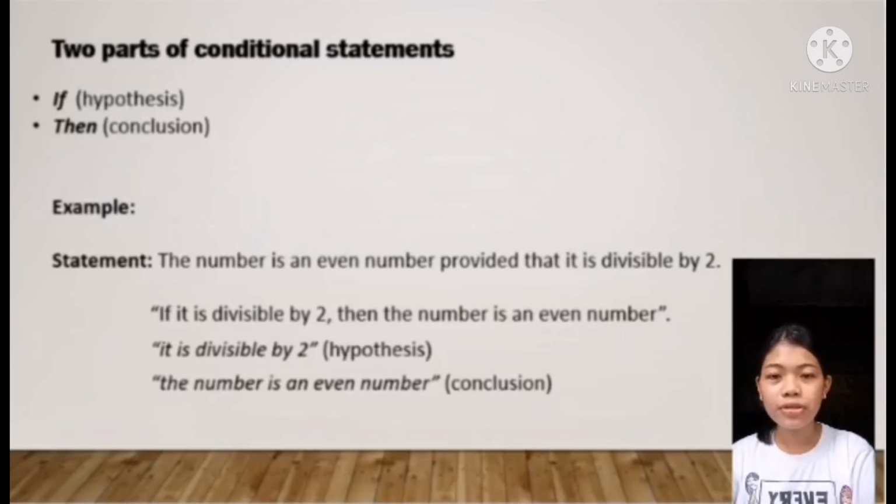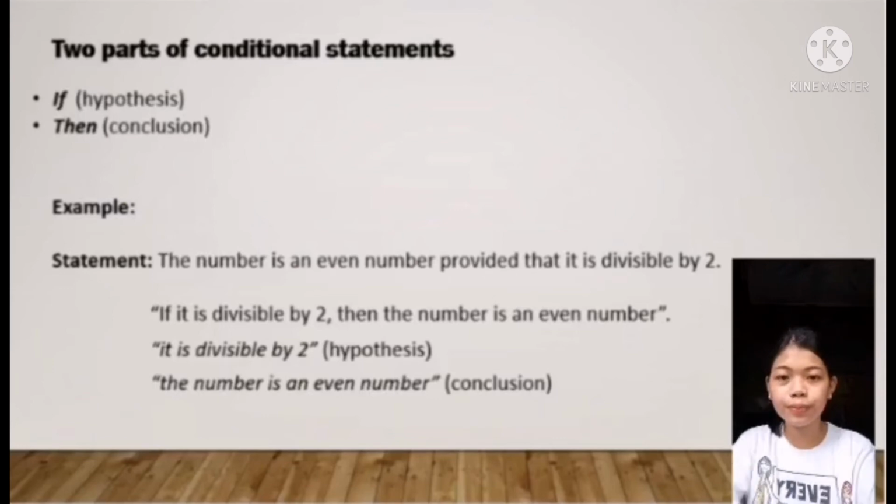If we arrange it in if P then Q form, this will be the result: if it is divisible by 2, then the number is an even number. It is divisible by 2 is the antecedent or hypothesis. The number is an even number is the consequent or conclusion.